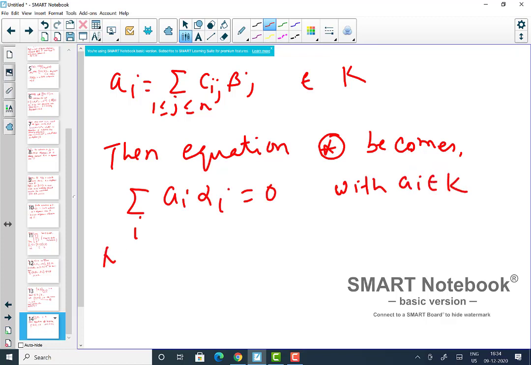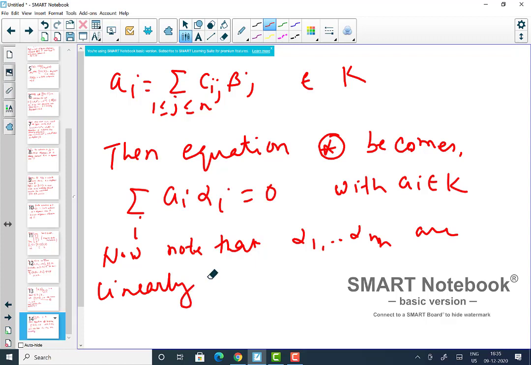Now note that because this is a basis, alpha 1, alpha 2, alpha m are linearly independent over k, right?